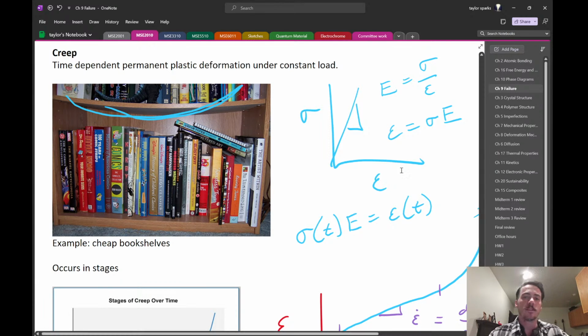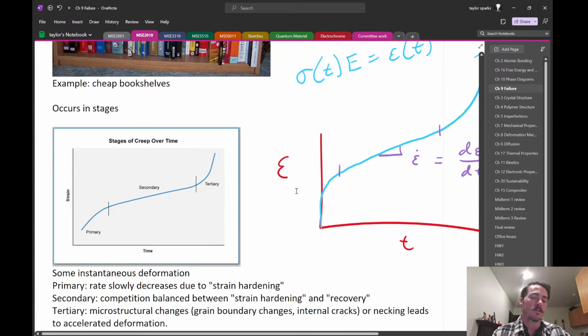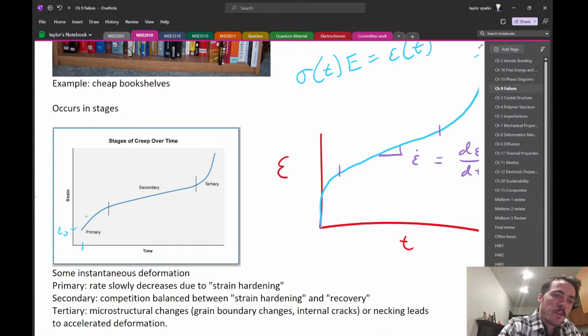And you can see that in the type of plots that are curved. For example, on day one, when they first applied that, if this is time t equals 0, this is that initial strain at time t equals 0. But then that strain grows over time. And what we learned how to do in this class was model this secondary region, which we call our steady state creep strain rate region.